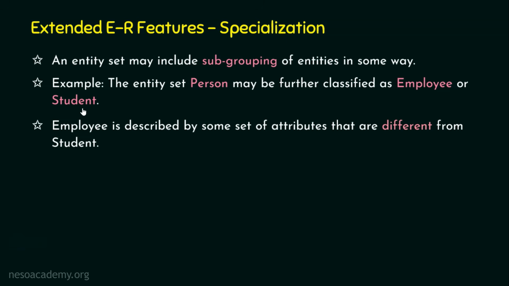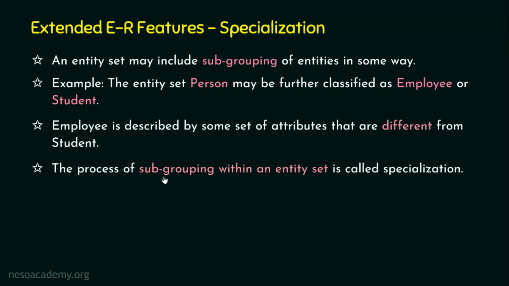In database terminology, if you consider these as entities or sub-entities, then obviously they will be described by a set of attributes. So we want to describe the set of attributes for employee. That is what this is saying: employee is described by some set of attributes that are different from student. In this situation, specialization will be helpful to achieve this. I hope things are clear to you now.